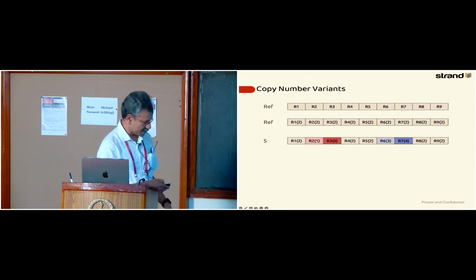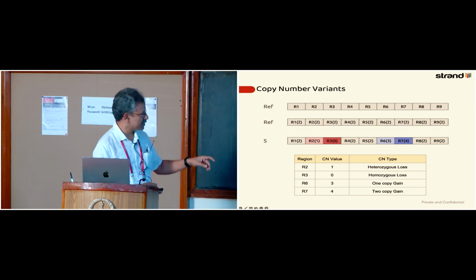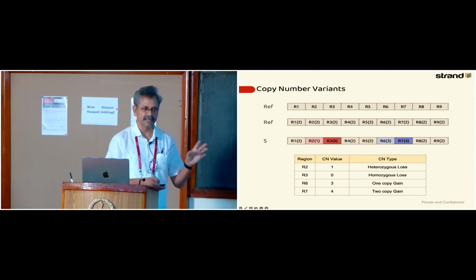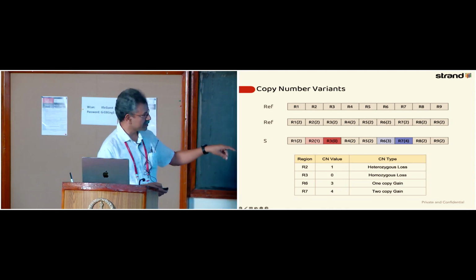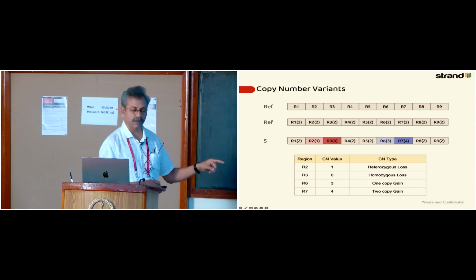And the way you would represent this in the final algorithm output that comes out of copy number variant analysis is to say that I have a region 2, and you'll have to specify the coordinates of that region. It might be chromosome 15 from 50 megabase pairs to 60 megabase pairs. Something like that would be the definition of the region. And so region 2, I have only 1 copy in the sample, so it's a heterozygous loss.